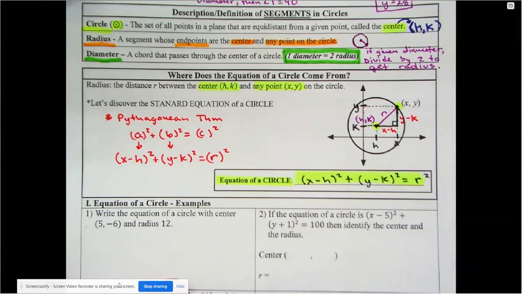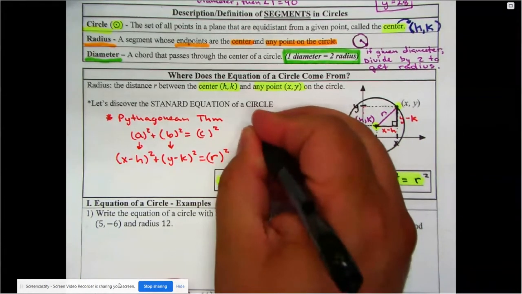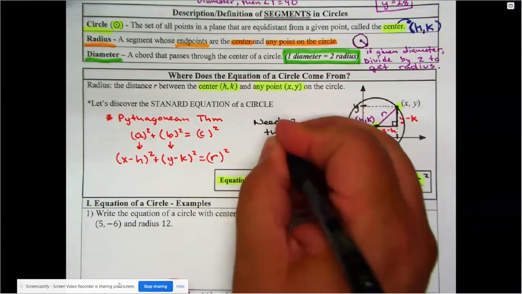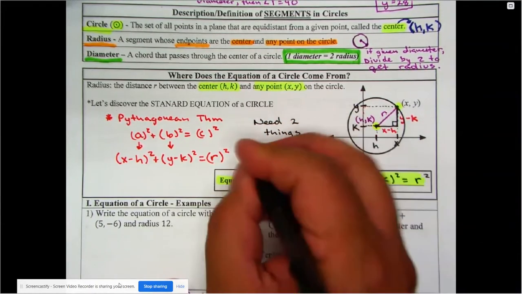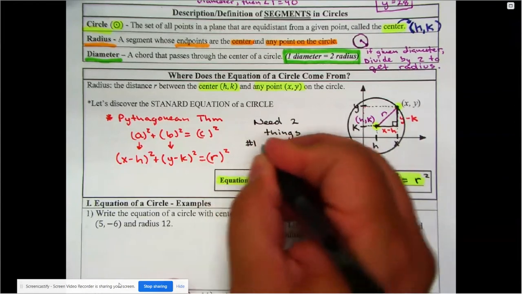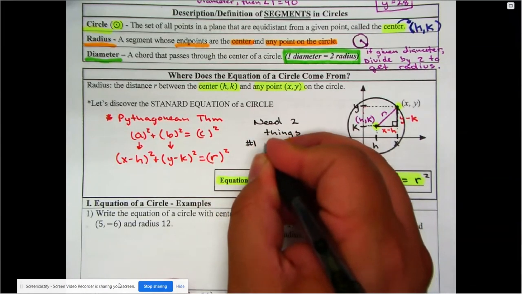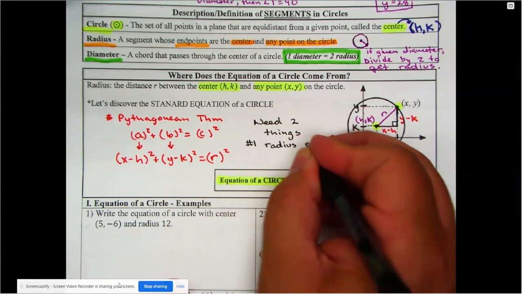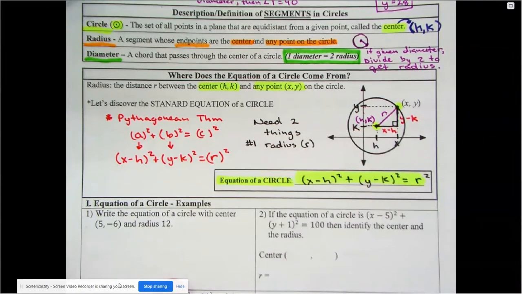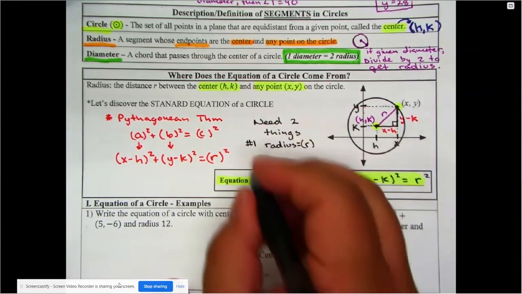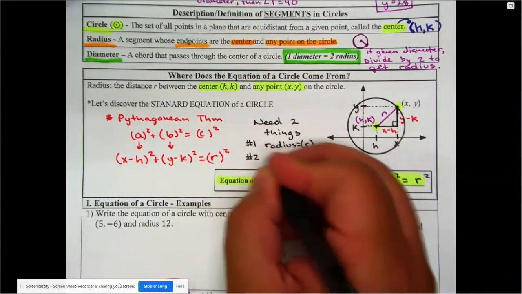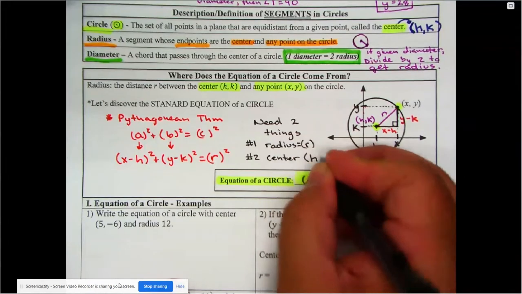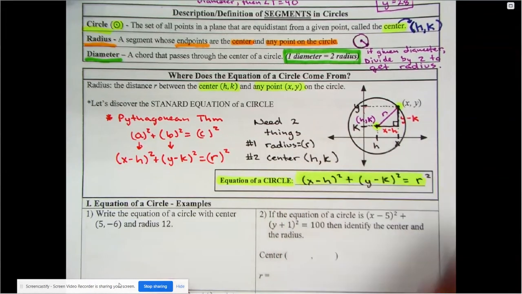So notice we need two things. Number one, we're going to need a radius. So the radius r, that's what we're going to need. And number two, we're going to need a center. And when we say a center, that's where my h and my k come in.